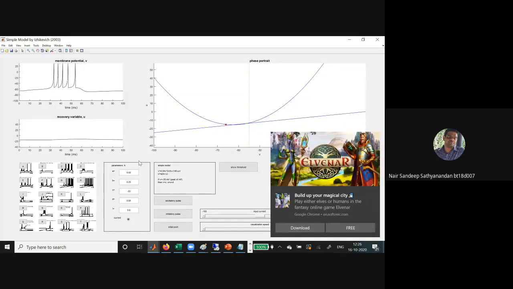So let us go with a tonic burst. The parameters are 0.02, 0.25.